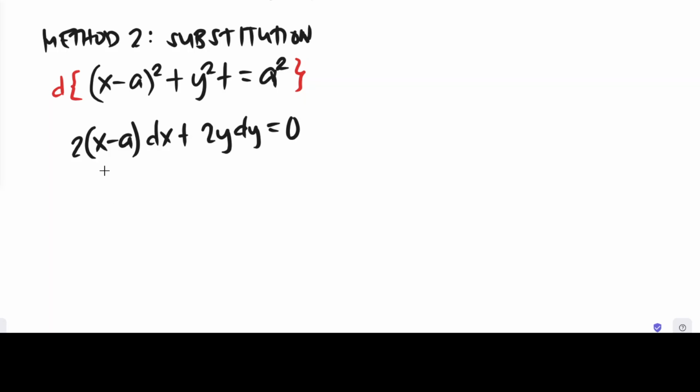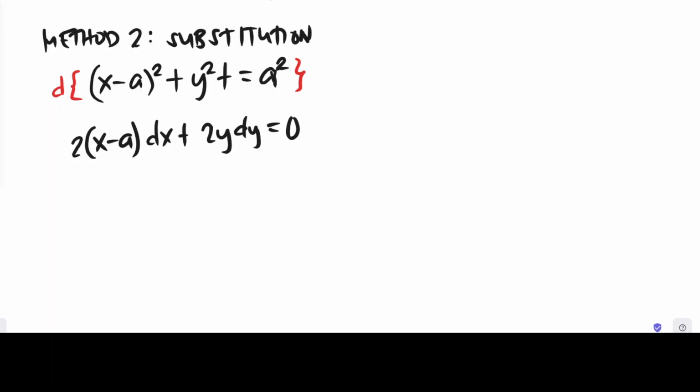Okay, with no way of eliminating. I think I forgot to mention that the number of derivatives needed in formulating a DE is equivalent to the number of arbitrary constants.